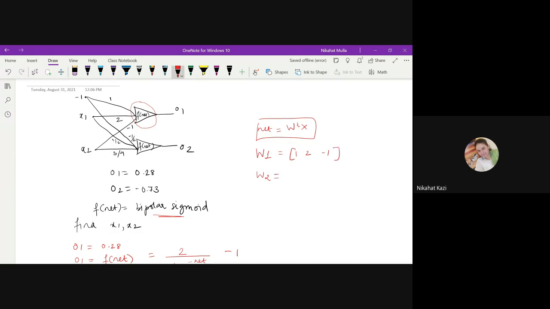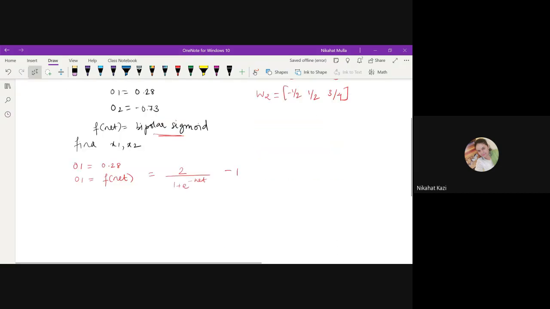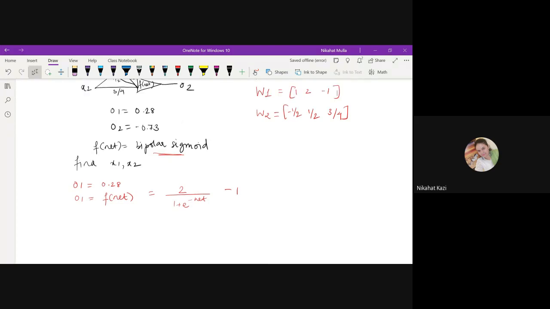What about W2? Minus half, 3 by 4, right? So W2 is minus half, 3 by 4. Now that I have W1 and W2 with me, what is O1? I have to consider W1 while computing the net. Let me call this net 1.